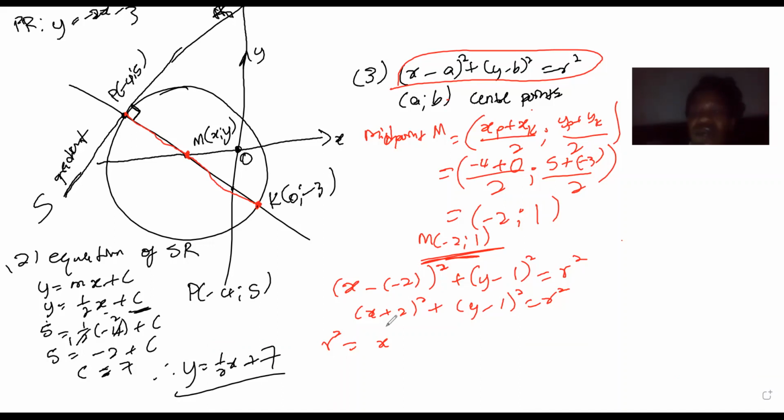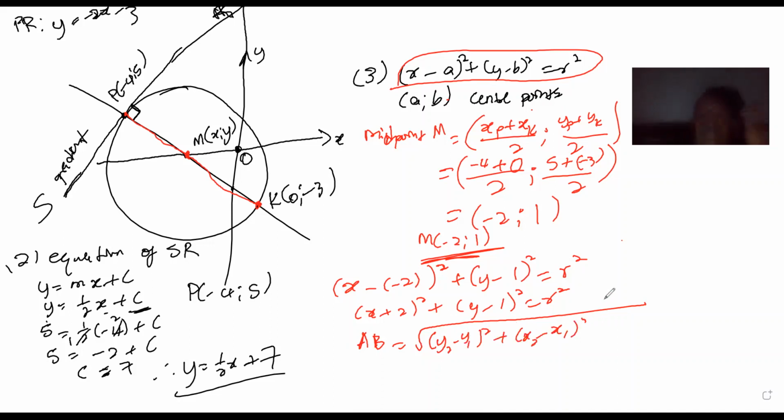Right. So the distance formula, AB, is the square root of y2 minus y1 squared plus x2 minus x1 squared. Okay, so that's the distance formula. So now we're gonna use point M, which is -2 and 1, and point K, which is 0 and -3.